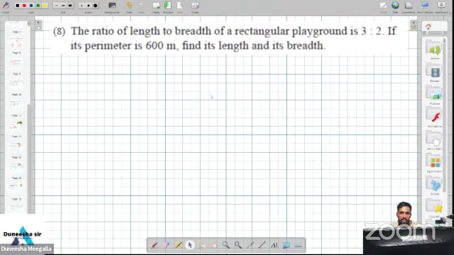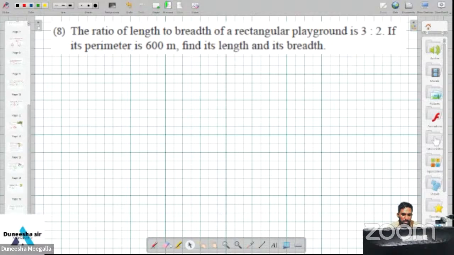The ratio of length to breadth of a rectangular playground is 3 to 2. If its perimeter is 600 meters, find the length and its breadth. Okay.